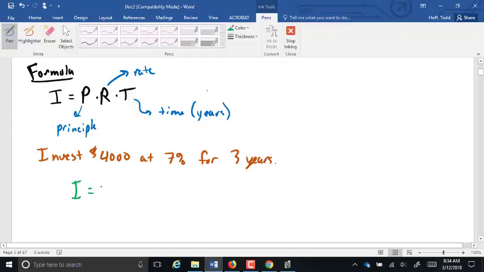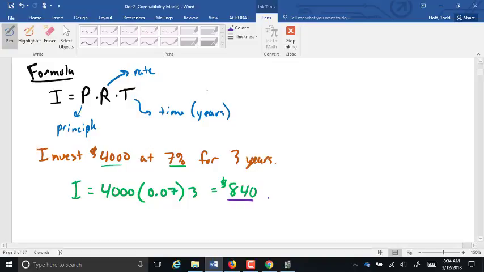To find the amount of interest, it's the principal of 4,000 times the rate of 7%, as a rate that's 0.07, times 3 years. Comes out to an interest of $840. So that's your amount of interest.